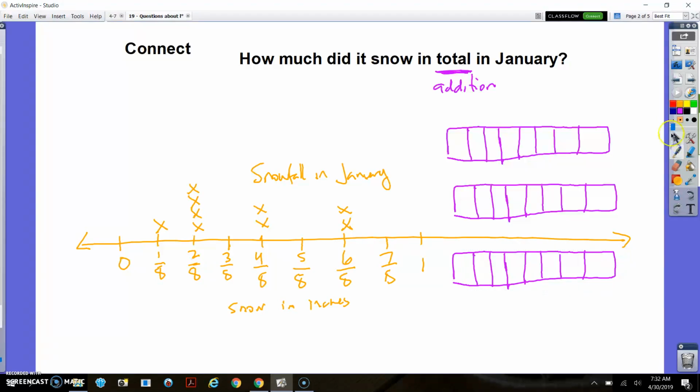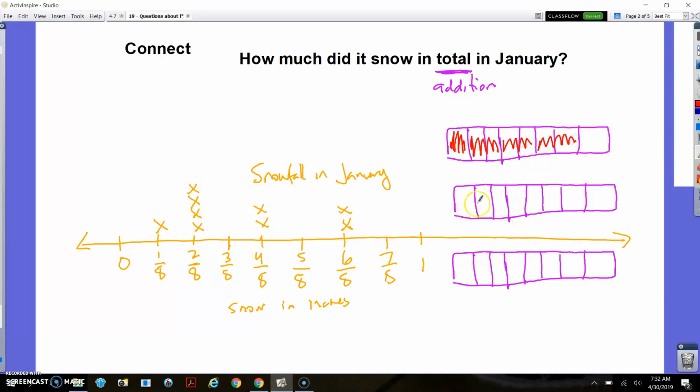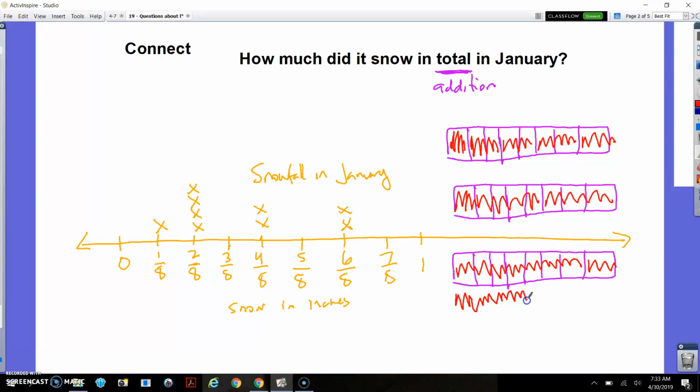I would say, okay, on this first day, it was 1/8, and then it was 2/8, 1, 2, 3, 4 times. So like 1, 2, 3. I'm going to have to cross over to do 2/8 for my next one. So I fill up a whole inch, start another one, then 4/8 twice, 1, 2, and then 6/8 twice. 1, 2, 3, 4, 5, 6, and 1, 2, 3, 4, 5, 6.